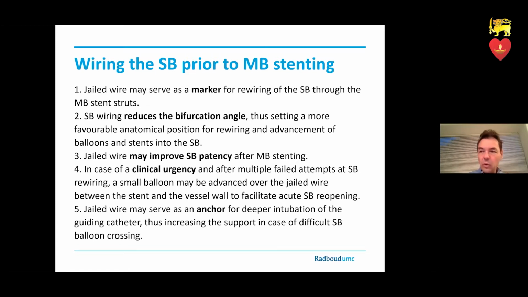So if you have to push a new balloon over your recross wire, it helps to support the guiding catheter to not disengage while you're pushing your balloon. So it's just slightly an anchor.